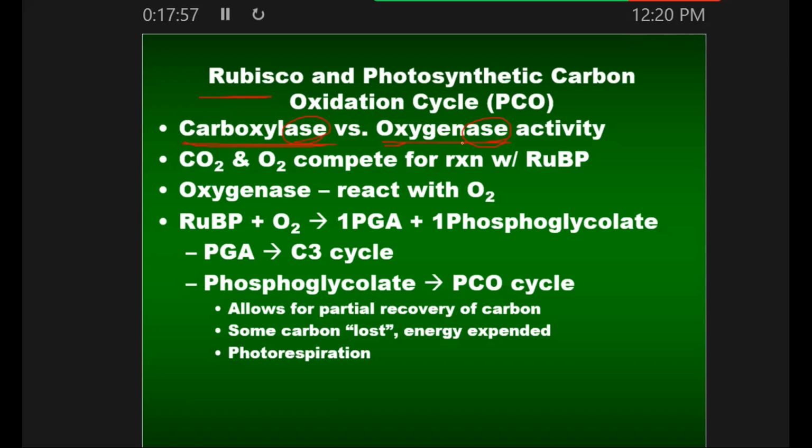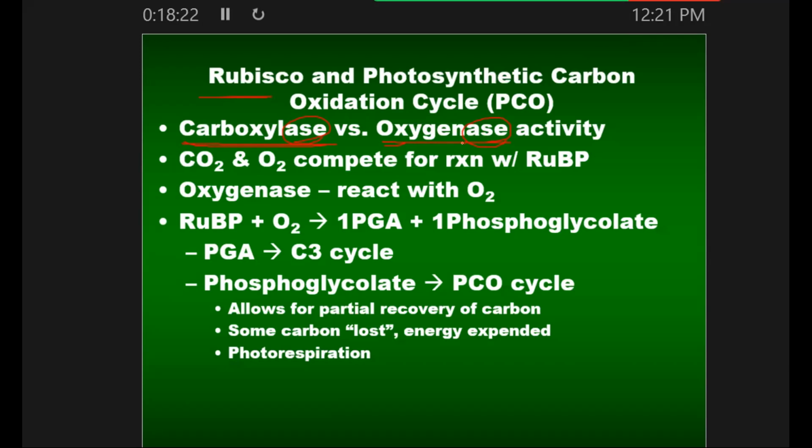Whatever is in higher concentration around Rubisco wins. If there's more CO2 around Rubisco, it comes into the active site and reacts with our RUBP. However, if there's plenty of oxygen around, well, that wins the game. It's going to come into the active site of Rubisco. So Rubisco can't really tell the difference, so to speak, between CO2 and O2.